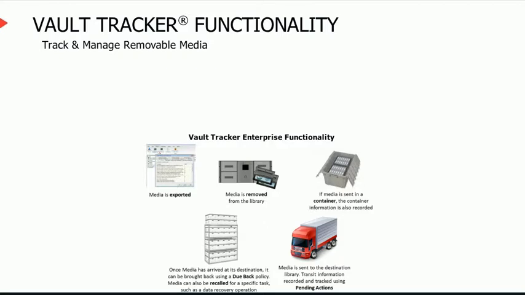VaultTracker Enterprise is a special license that provides these functionalities for environments tracking media across several locations, and includes more advanced capabilities for those organizations which require them, including more advanced filtering and export functionalities, and integration with off-site tape vaulting organization systems.